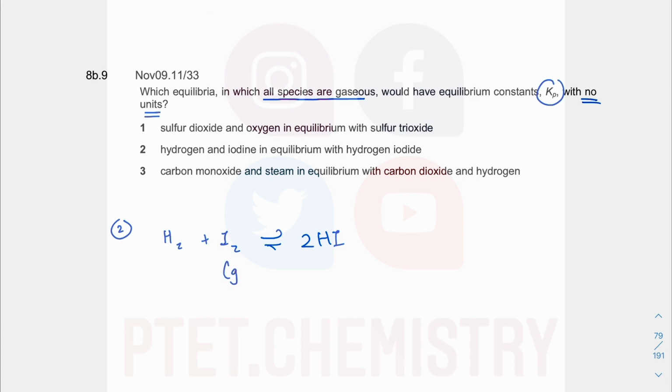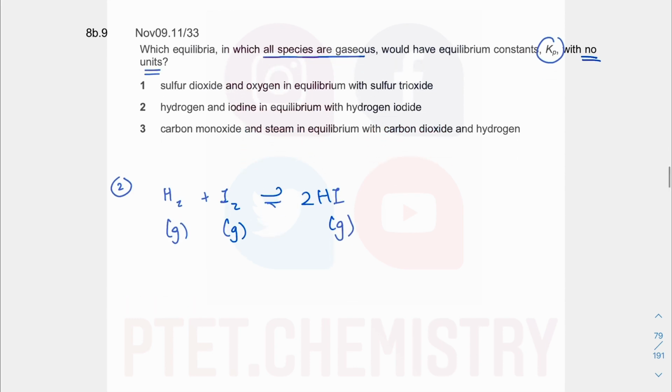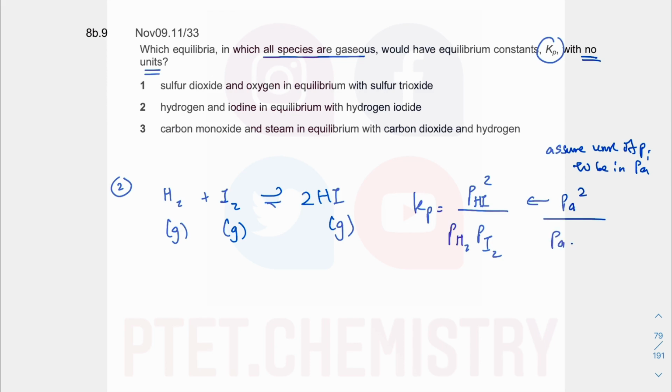So if I use gaseous iodine for this reaction, Kp will be the partial pressure of HI squared over the partial pressure of H2 times the partial pressure of I2. If we assume the unit of partial pressure to be Pascal, it could be Newton per meter squared, it could be atm, I'm just assuming Pascal. So that will be Pascal squared over Pascal times Pascal. There will be no unit because it will cancel out.